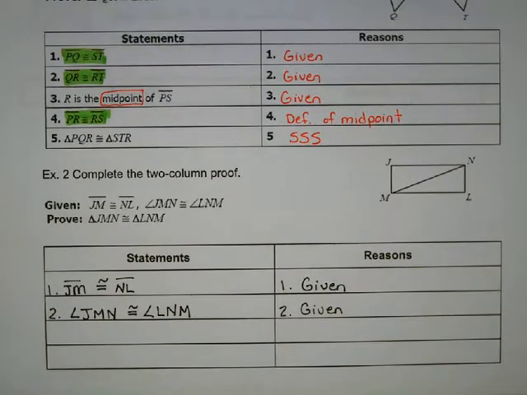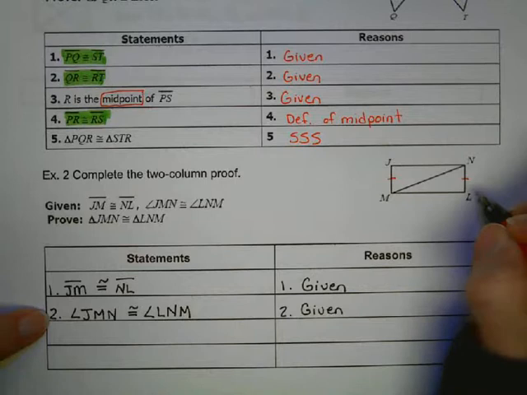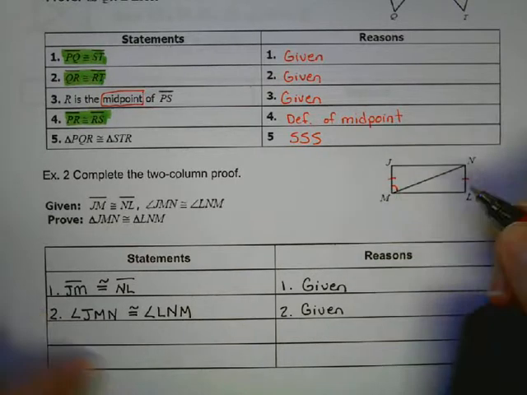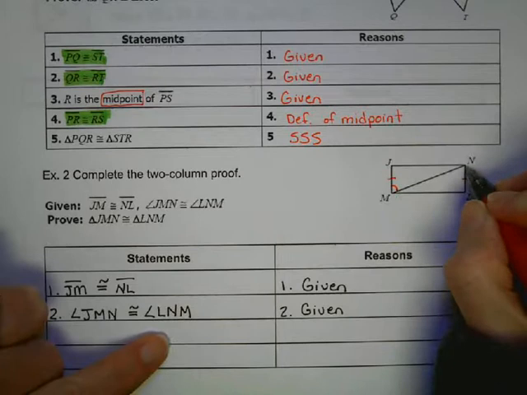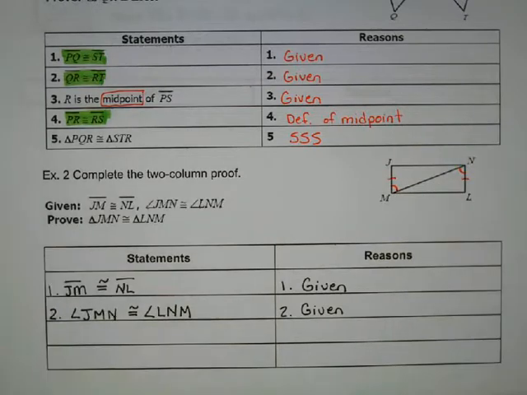So in this picture, I can mark that it was given that JM is congruent to NL. And angle JMN, this angle here, is congruent to angle LNM, this angle up here. So I only have 2 things marked. So then you go back to what we learned last class. Is there anything that we can assume would be congruent in this picture that's not marked?